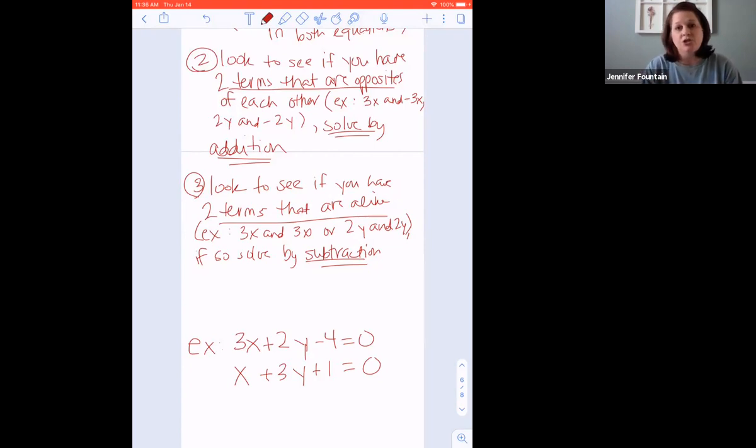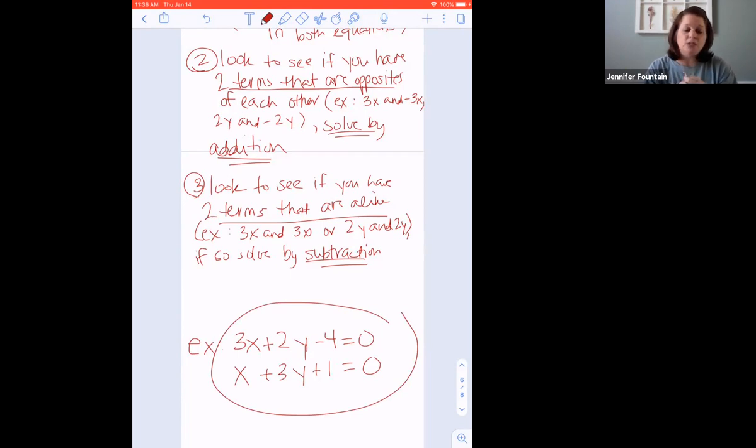So now what I've got to do is look and see what could I do to either one equation or both equations to be able to make like terms or opposite terms so I could add or subtract. So typically, since with subtraction I end up changing it to addition, I want to look at what could I do to this equation or to both equations to make it to where I could add opposite terms and eliminate one of them.